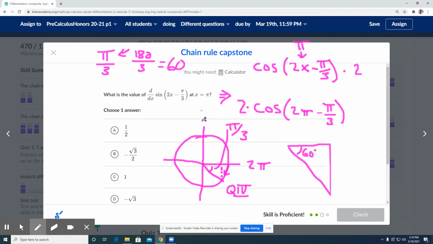Okay, so special right triangle. This is 60, this is 30, this is 1, 2, radical 3. And I'm looking at it in terms of this one, but it doesn't matter, I'm just reorienting it. And we're looking at cosine in this case. Cosine, so SOH CAH TOA, is adjacent over hypotenuse.